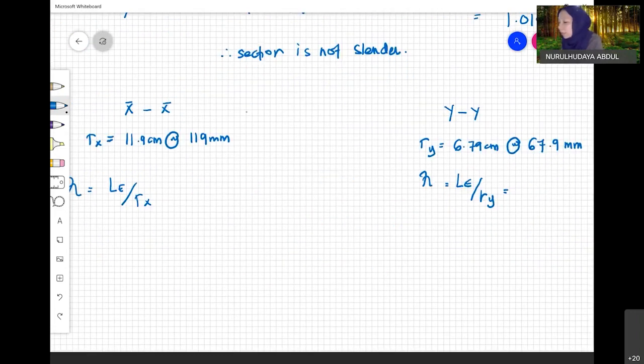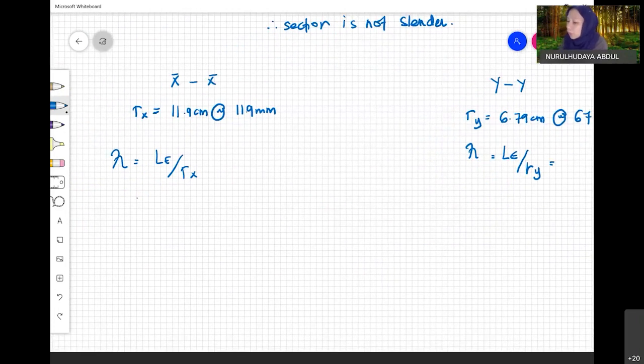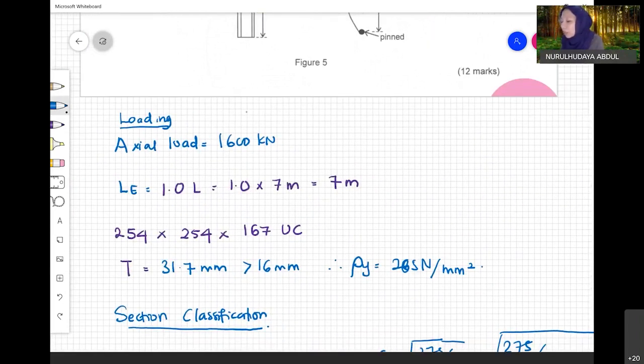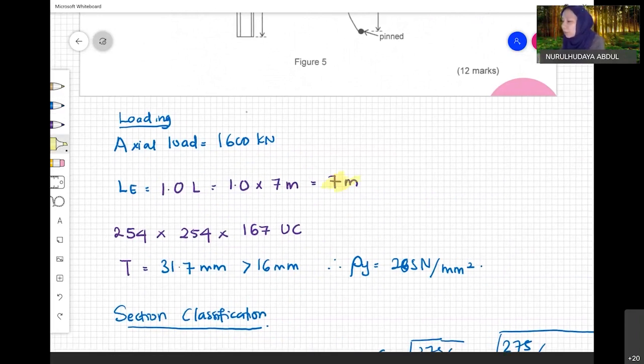Dan kita boleh proceed kira slenderness ratio. So to calculate for slenderness ratio, you need to know the effective length. So effective length kita ada calculate masa awal tadi, depend pada fixity of the end condition of the column. Fixity dia macam mana. So here we have that 7 meter. Kita calculate awal tadi.